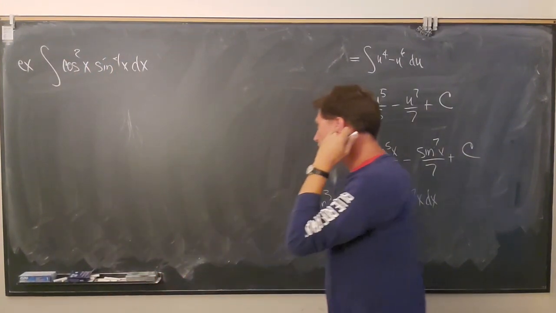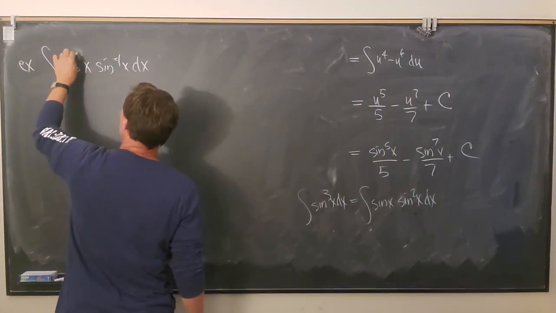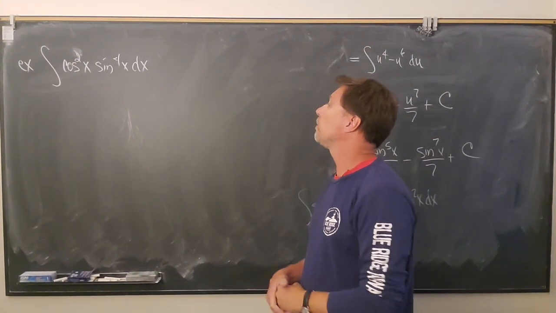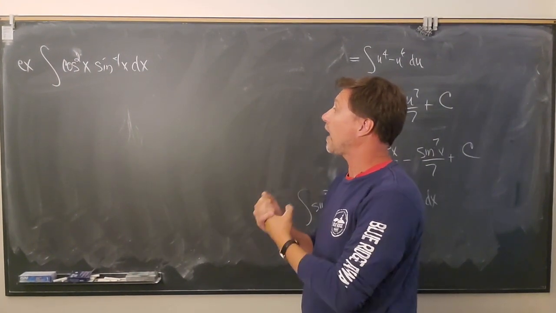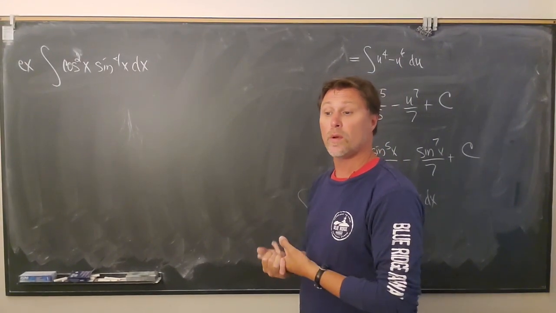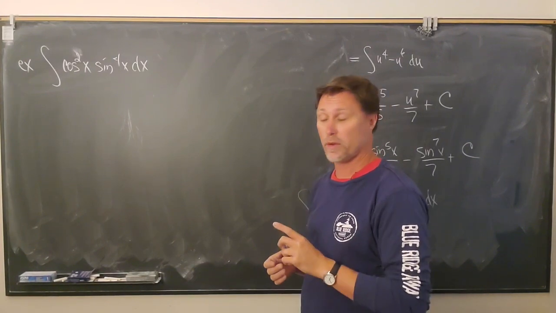And when both powers are even, now it's kind of a pain. What you have to do, and I'm not even going to carry this all the way out, but let's just see how it goes. When you have an even power of both sine and cosine, what you're going to do is repeatedly apply identities number 2 and 3.